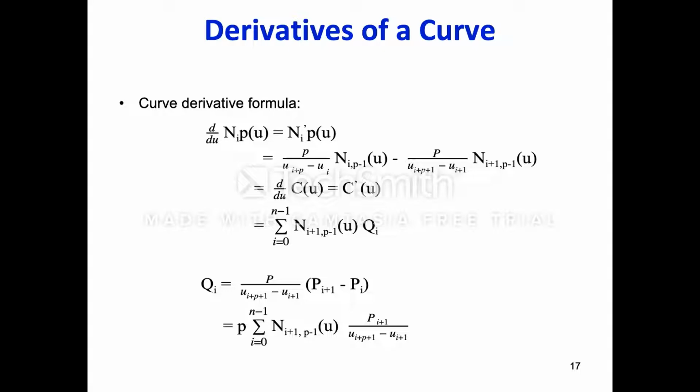We get the derivative of the C of u function, which is C prime of u, which is finally the equation we get: summation of i equal to 0 to n minus 1 of N_i+1,p-1 of u Q_i, where Q_i is p by u_i+p+1 minus u_i+1 of P_i+1 minus P_i. We plug in the Q_i value in the first function, we get p times the summation of i equal to 0 to n minus 1 of N_i+1,p-1 of u times (P_i+1 minus P_i) by (u_i+p+1 minus u_i+1).